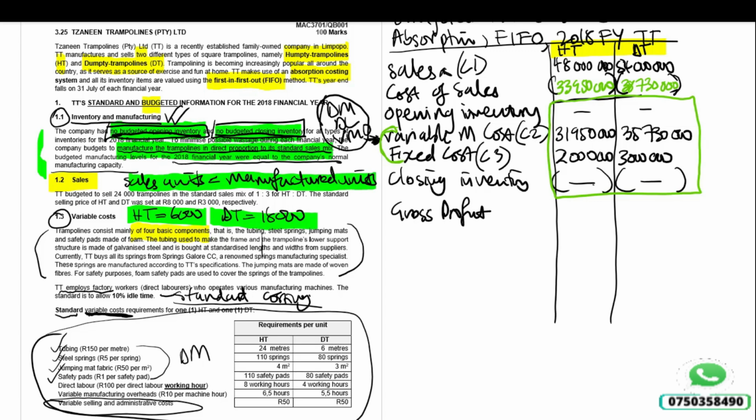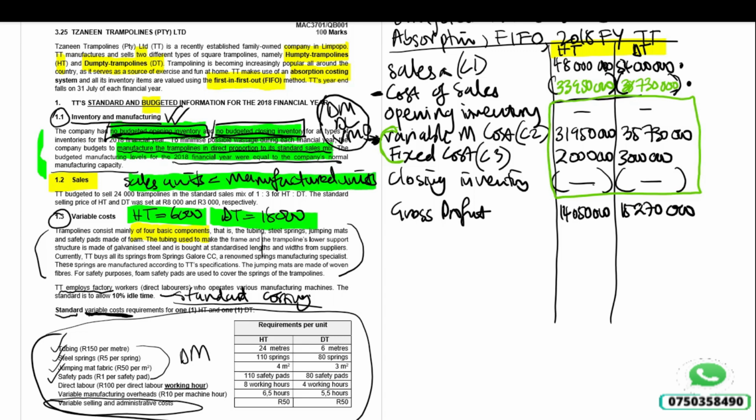The gross profit that we get for HT is 14,050, and the other one is 15,270. So this is your sales less your cost of sales, then you get your gross profit.